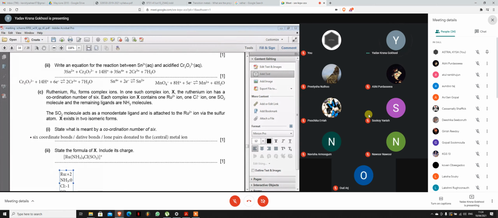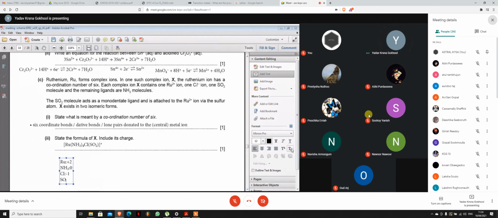SO2, the new molecule, is 0. Then for this part, we can gain plus 2, minus 1, equal to plus 1.